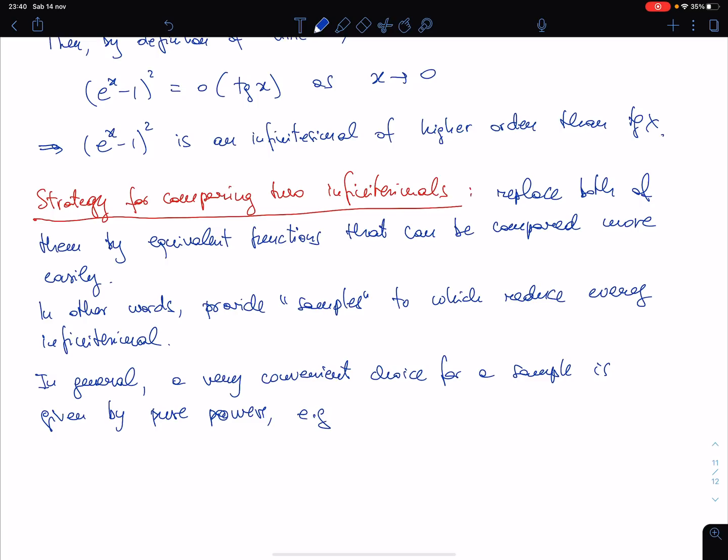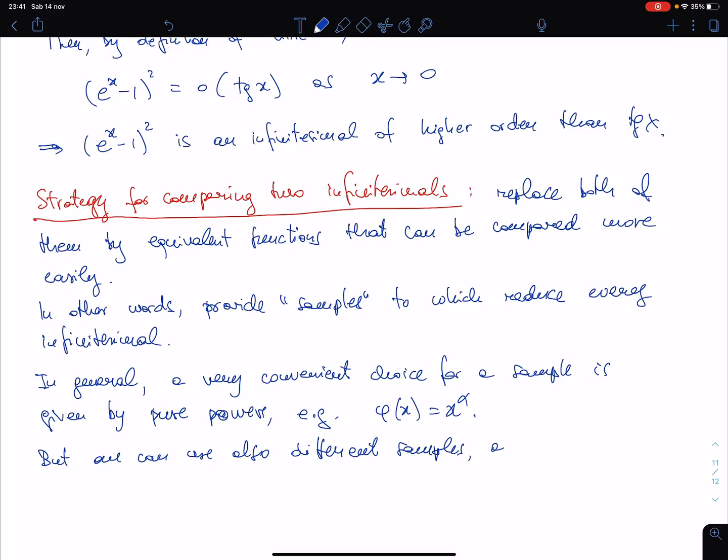For instance, as in the example, phi of x is equal to x to some power alpha. But in general, one can use also different samples according to the specific problem, according to the specific infinitesimals to be compared to each other.